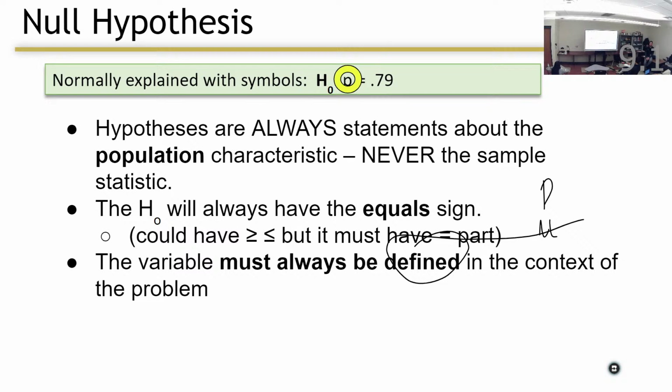So you have to define it in context. You don't have to do it right after the H naught, and you don't have to do it before. You have to do it in the problem somewhere. This will make a little more sense tomorrow.